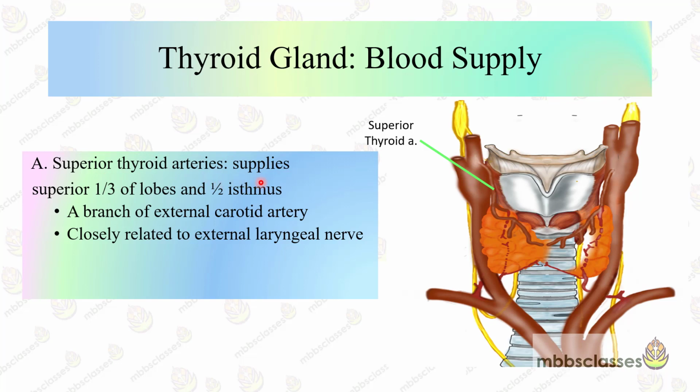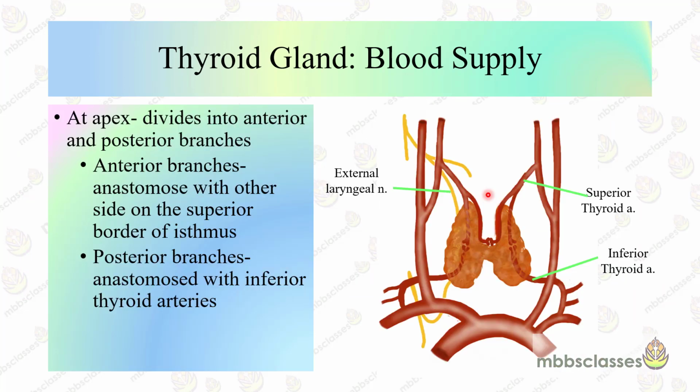So let us first see the superior thyroid artery. The superior thyroid artery supplies the superior one third of each lobe and also the upper half of the isthmus, and it is a branch of the external carotid artery. So this is the external carotid artery. From here the superior thyroid artery emerges and supplies the upper one third of the lobe and upper half of the isthmus, and it is very much related to the external laryngeal nerve.